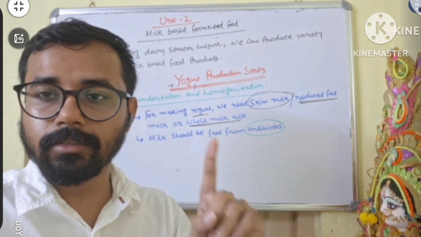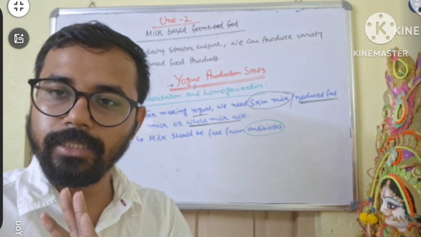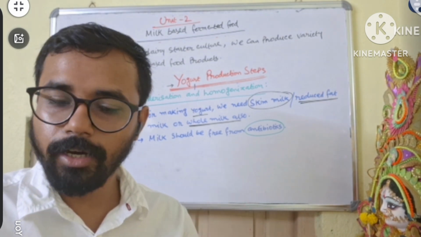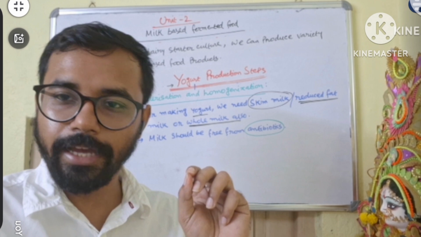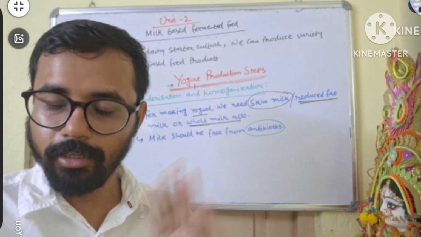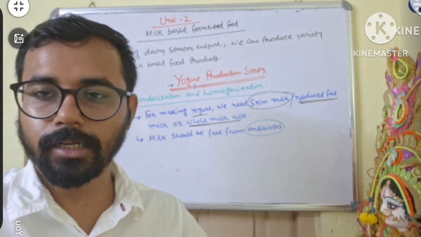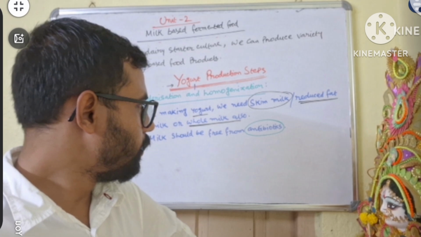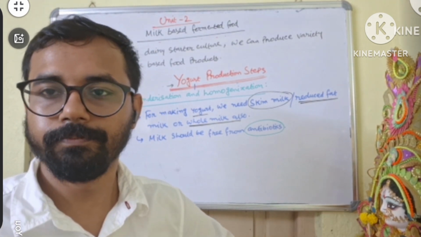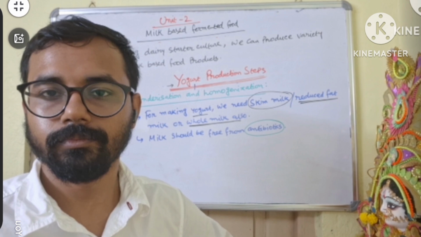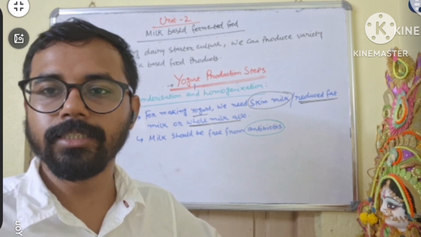We have discussed a lot about antibiotics and antibodies in the core paper class. We clearly distinguished between antibiotics and antibodies last class. So now tell me why antibiotics should be free in the milk.